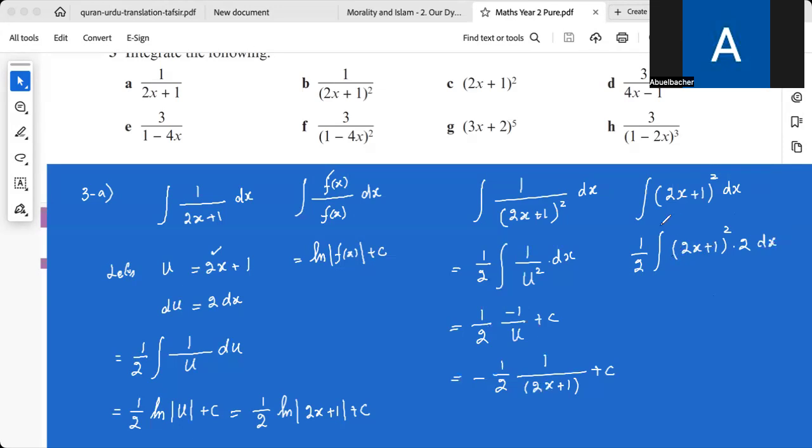So this integral, I can write that it is the integral of a function that has some power n, and the next factor is simply the derivative of this function. Then you can apply the power formula, meaning the answer is the function to the power n plus 1 divided by n plus 1, plus c. Got it?